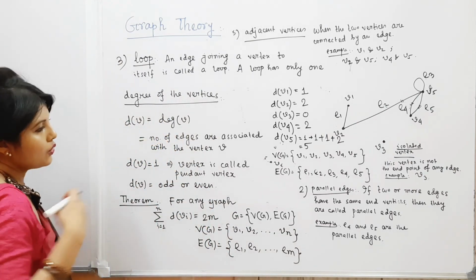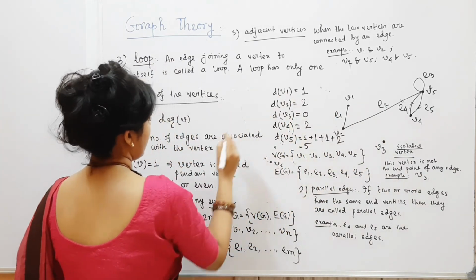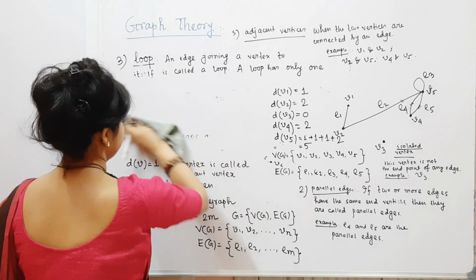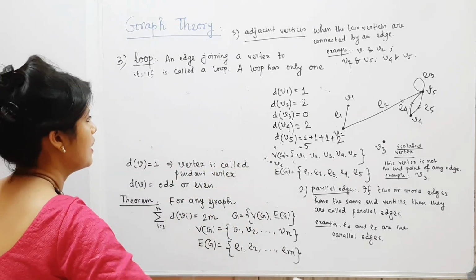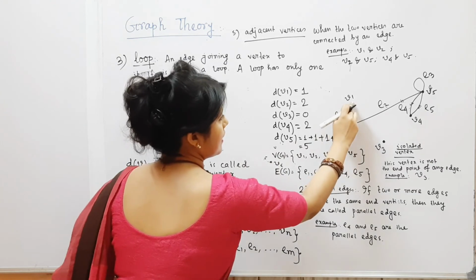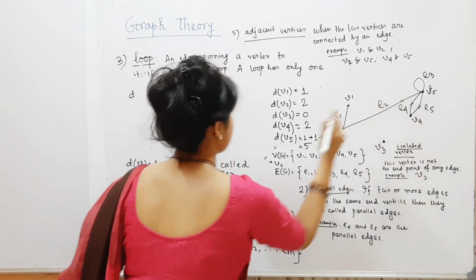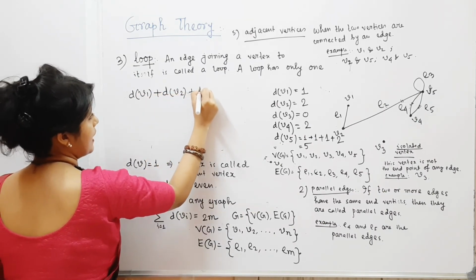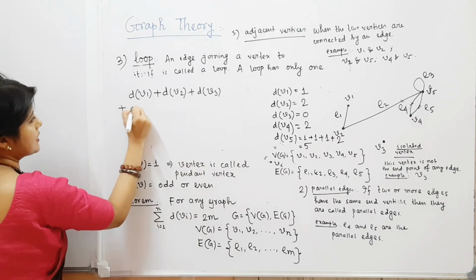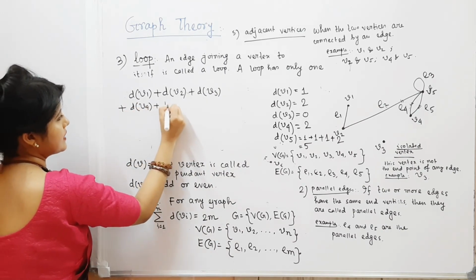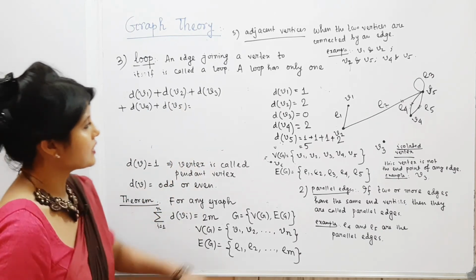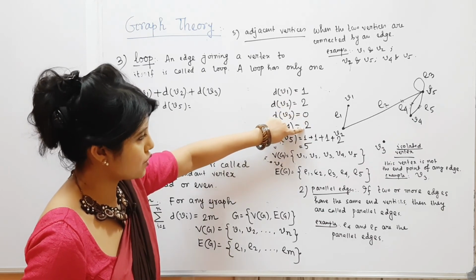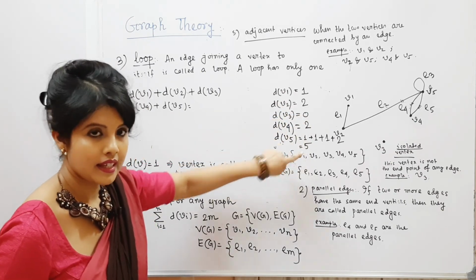Okay, so look at this graph. What is the summation? There are 5 vertices V1, V2, V3, V4, V5. So the degree of V1 plus degree of V2 plus degree of V3 plus degree of V4 plus degree of V5 is 1 plus 2 is 3, plus 0 is 3, plus 2 is 5, and plus 5 is 10.